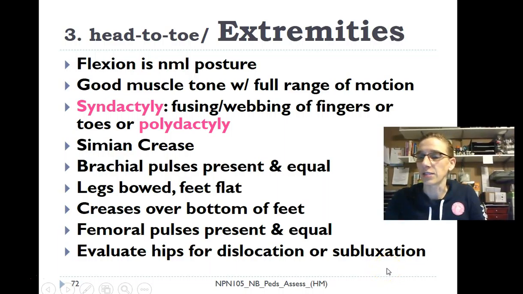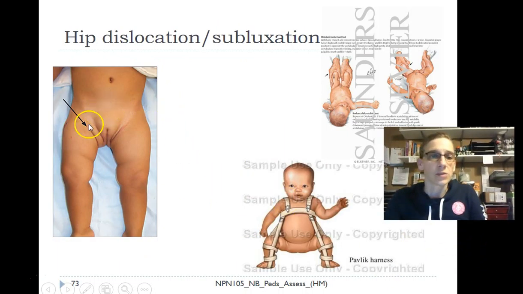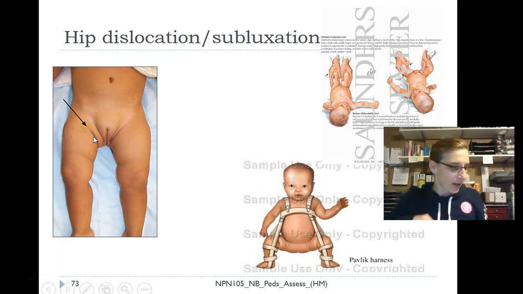Now the doctor actually does this procedure. And this is what he does. Well, he does these maneuvers up here, Ortolani's and Barlow's procedures. But what you would notice are things like this when you were doing your assessment. Notice uneven extra folds here. So we've got this extra fold.